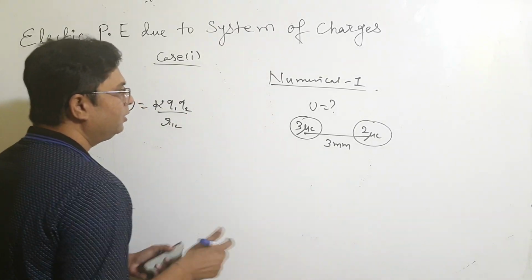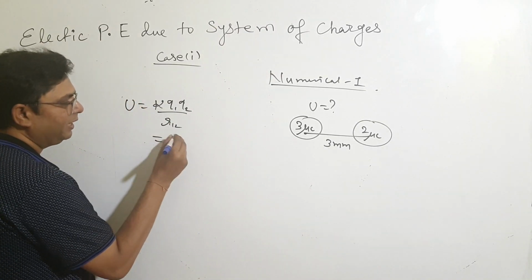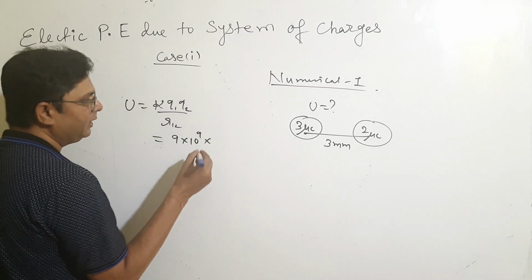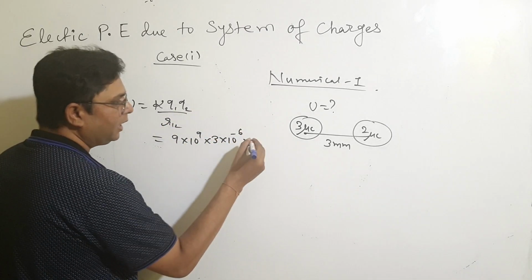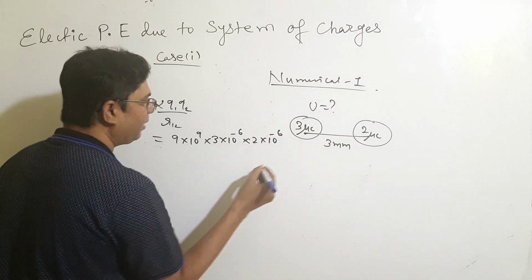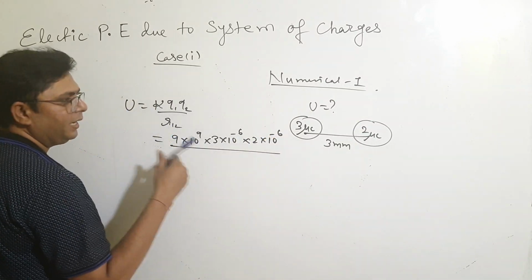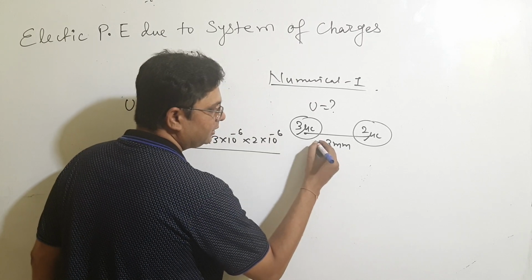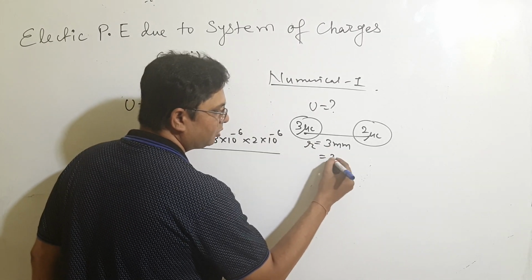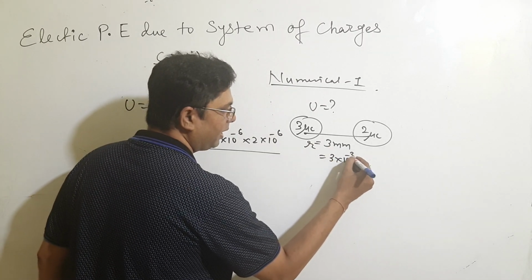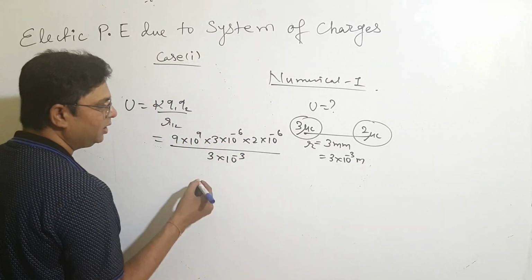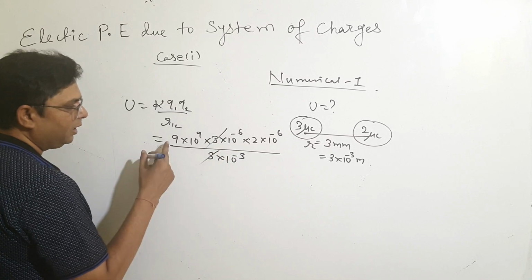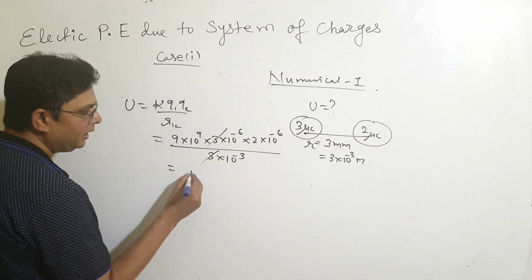Put the values. The value of K is 9 into 10 to the power 9, Q1 is 3 into 10 to the power minus 6, and Q2 is 2 into 10 to the power minus 6, upon R, which is 3 millimeter. This is equal to 3 into 10 to the power minus 3 meter. Cancel this 3. 9 into 2 is 18.